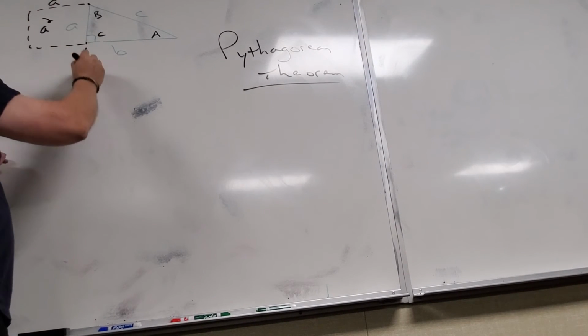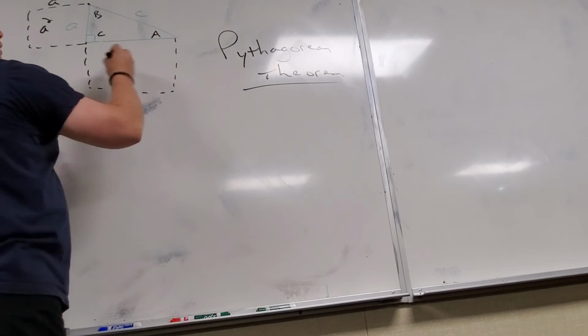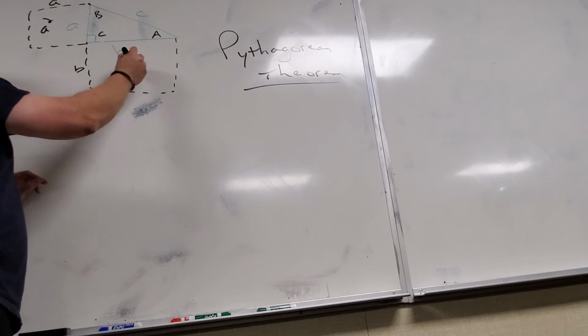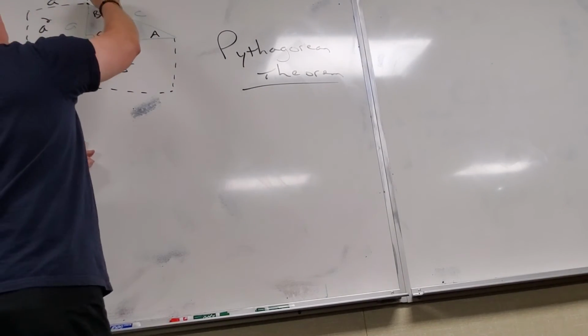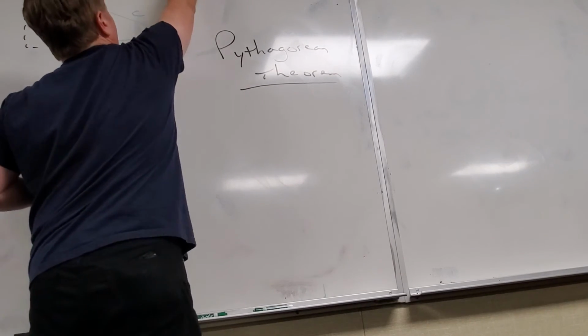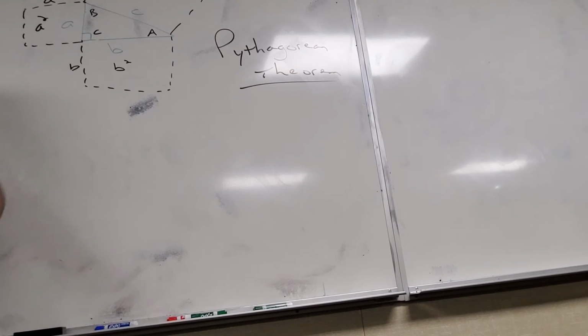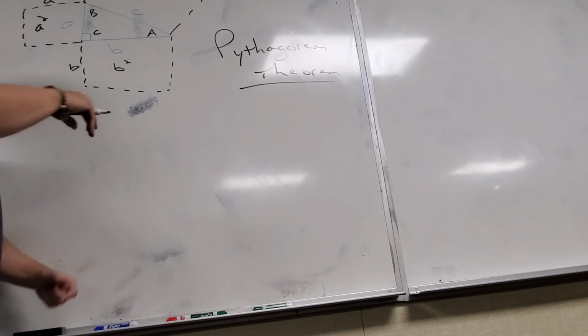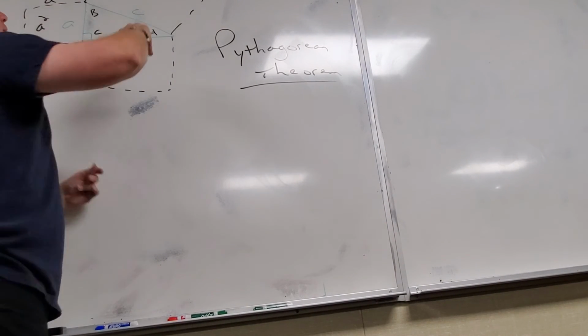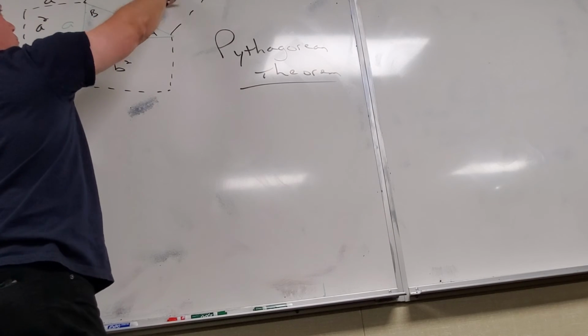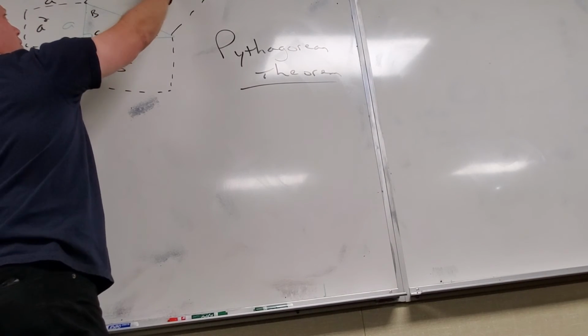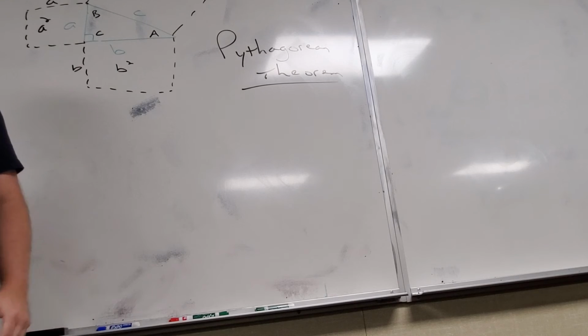I could draw a square off of this one. What would the area be for this one? B squared. And I could draw a square off the longest side. What's the area of this square? C squared, right?